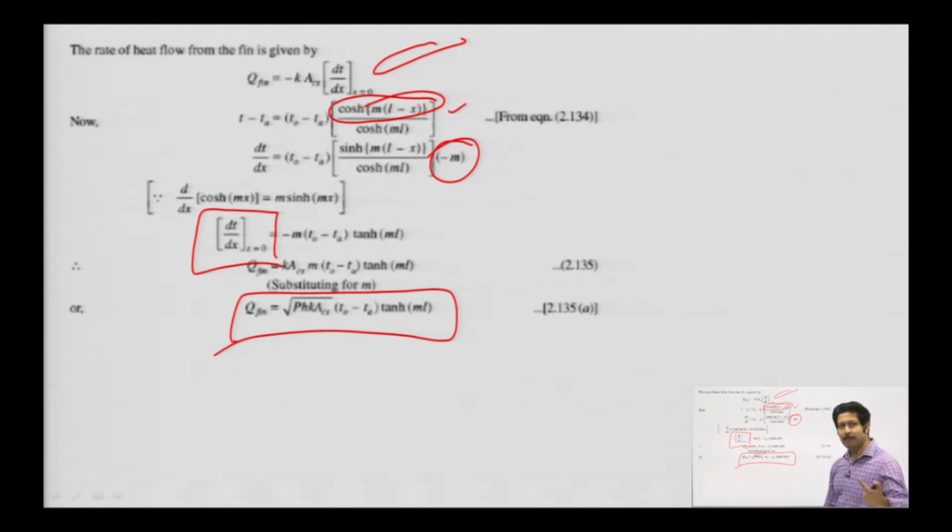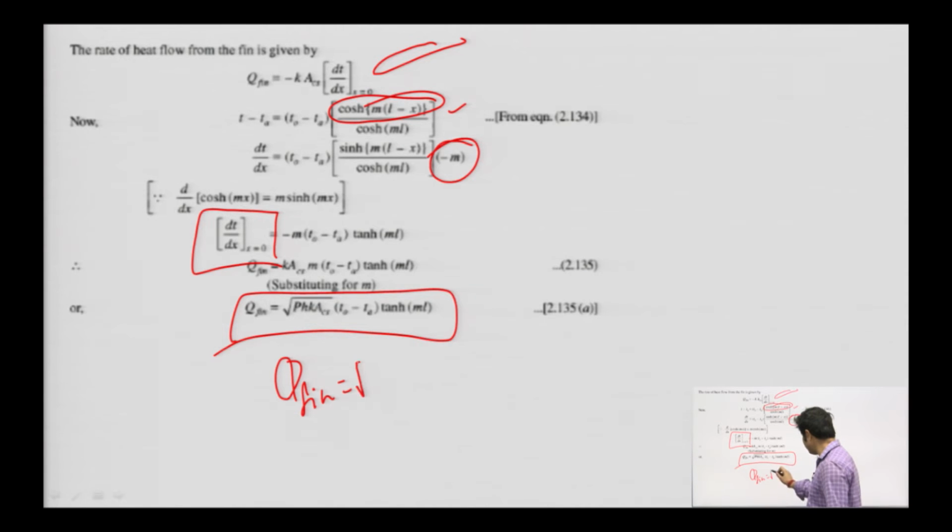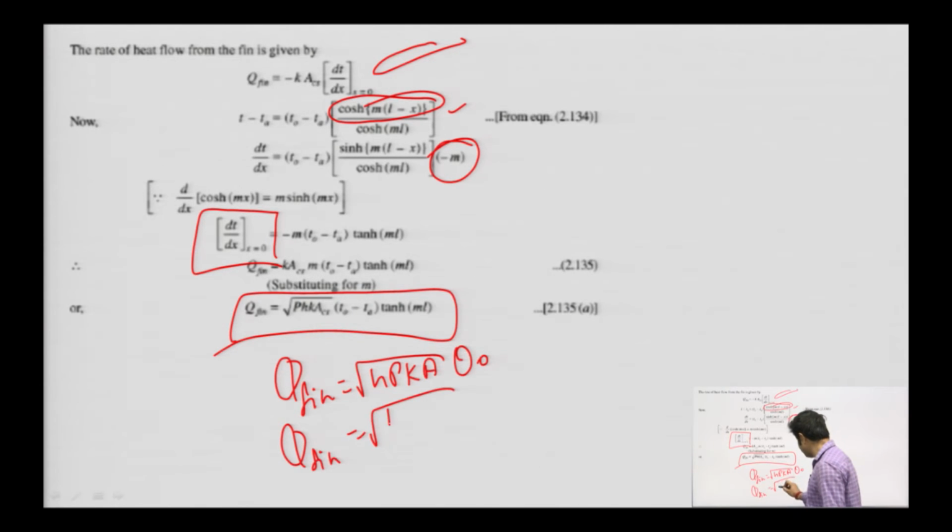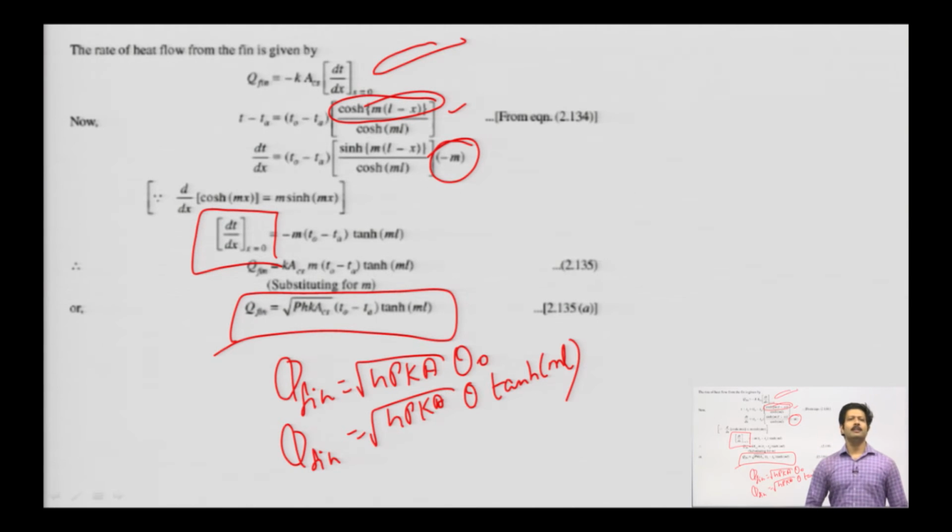And if we talk about the fin having infinite length, it was q fin. I'm just comparing. Root over hPkA is common here, and it is theta naught. Here it is q fin when insulated, so it is root over hPkA theta naught tanh(mL).